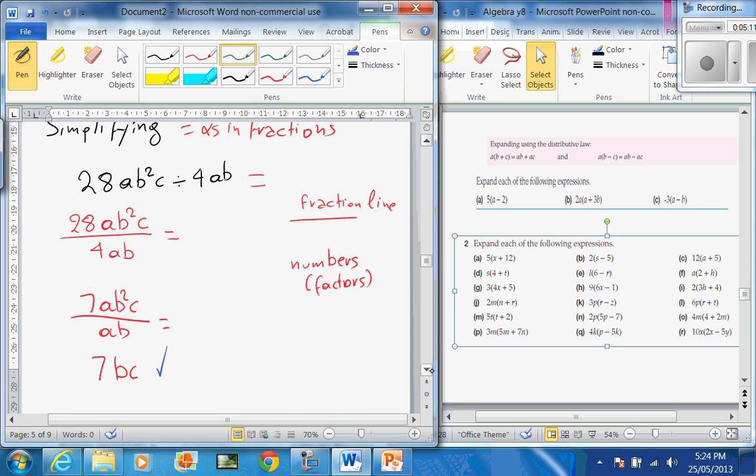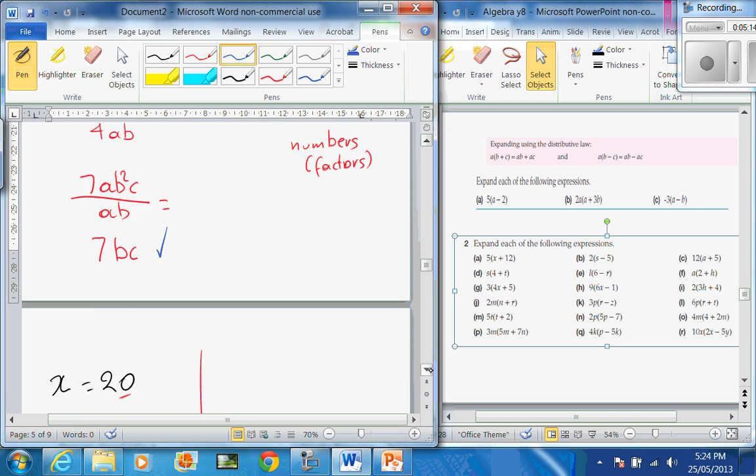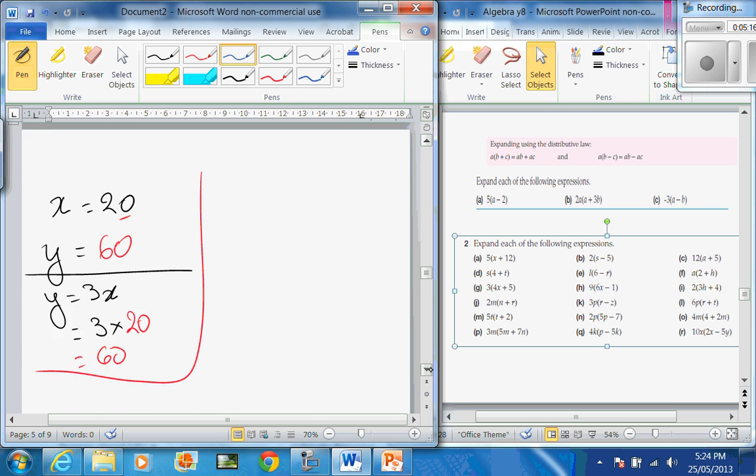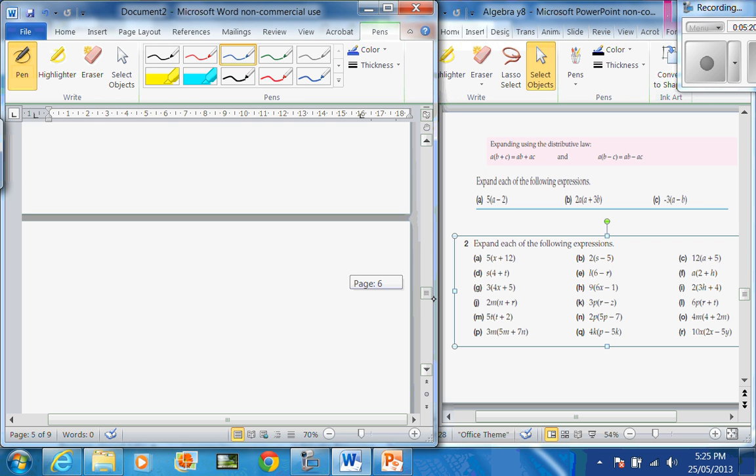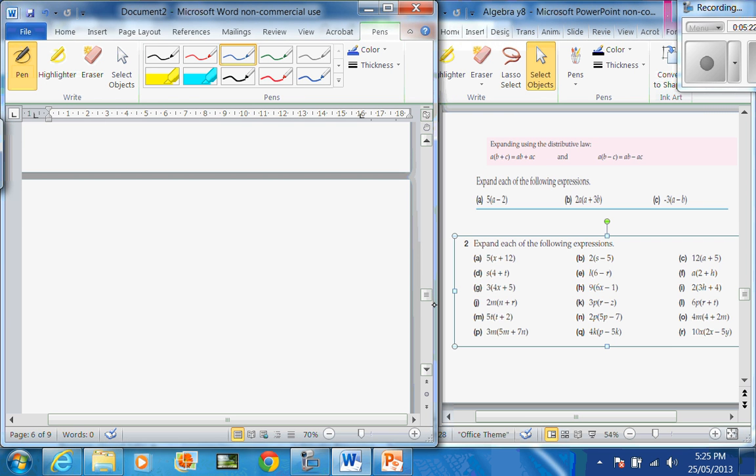Now, let me take you to the next step, and the next step is expanding. I want you to understand the distributive law first. The distributive law, it is this: A, any number, times B plus C equals.